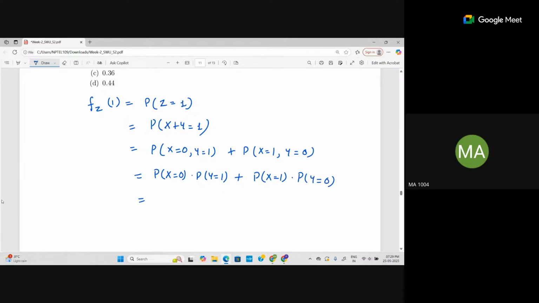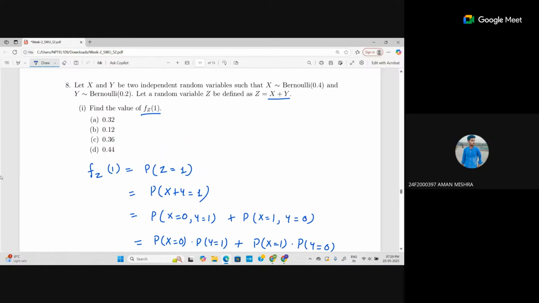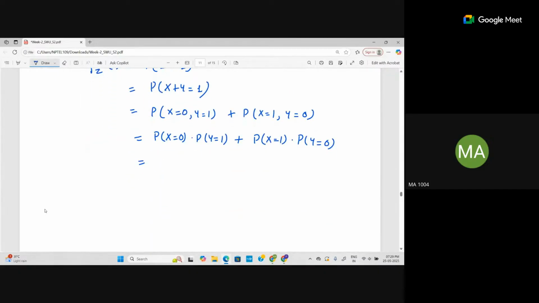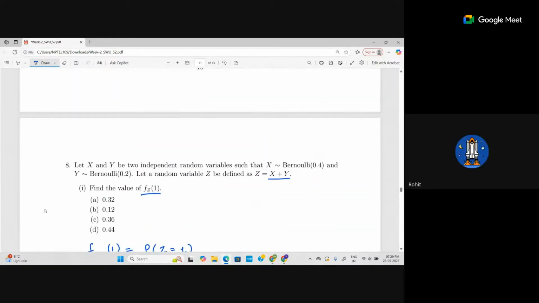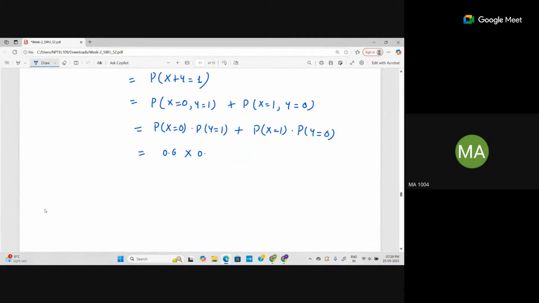Now tell me, what will be the probability that X is equal to 0? 0.6. Is it clear to everyone? How is it 0.6? Because 0 means failure. And it is following Bernoulli with probability of success being 0.4, so the probability of failure will be 0.6, into probability of Y equals 1, which is 0.2.